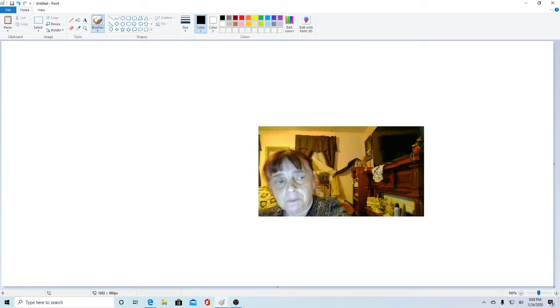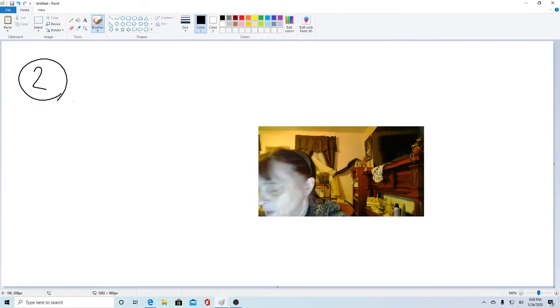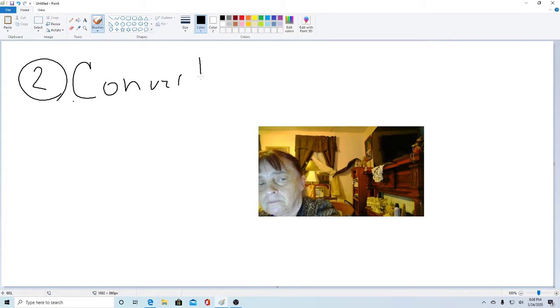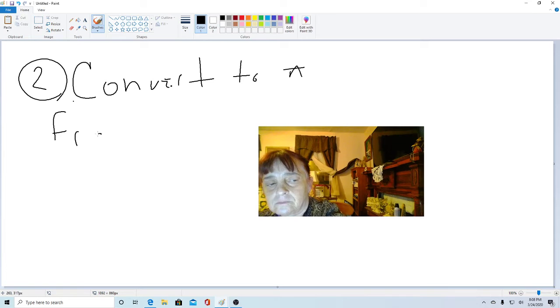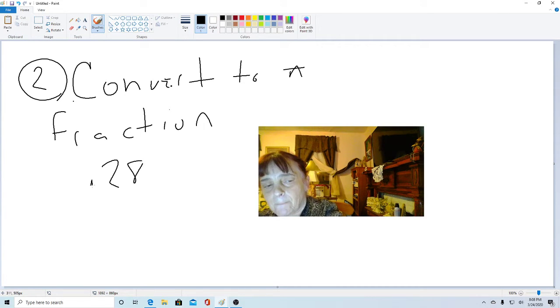Now, number 2. Convert this to a fraction: .28, which is one place to the right of the decimal, tenths place, two places, hundredths place.